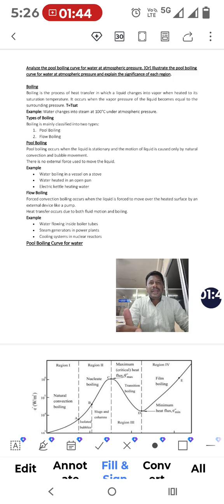Flow boiling, as the name itself says, involves a flowing fluid. The fluid can move only when an external force acts on it.